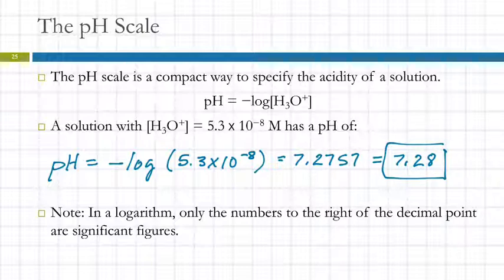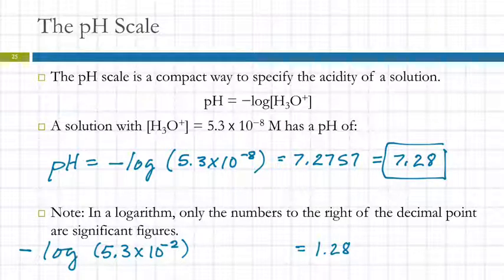So let's just do a little example here. What if I had 5.3 times 10 to the minus 2? Well, then the pH would be 1.28. Do it on your calculator.